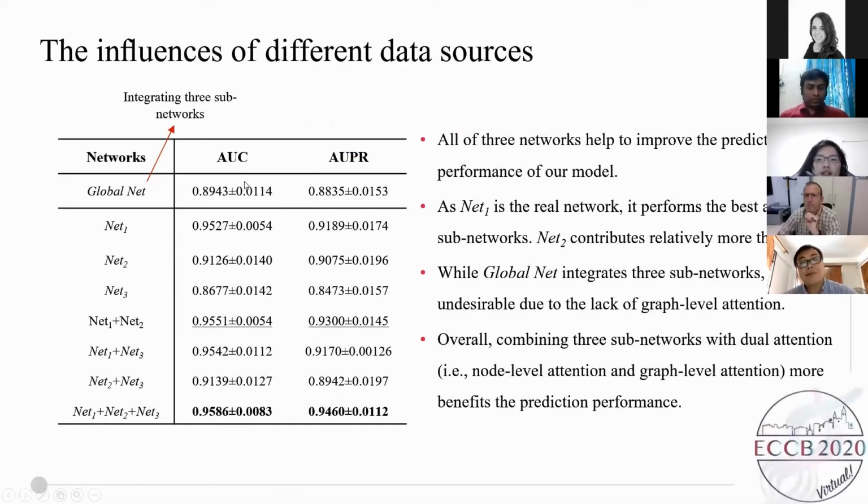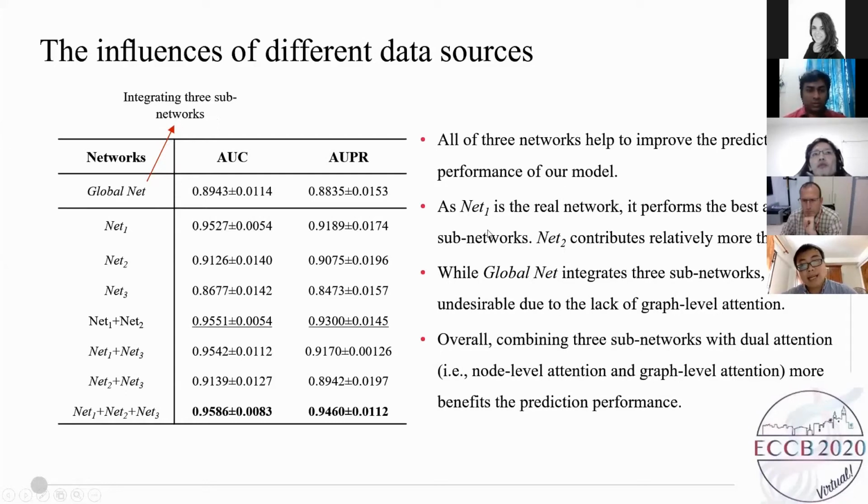Recall that we construct 3 networks to predict the micro-drug association: net 1, net 2, and net 3. In particular, GraphNet is the network that integrates the 3 sub-networks. The results indicate that all of the 3 networks help improve the prediction performance of our model.